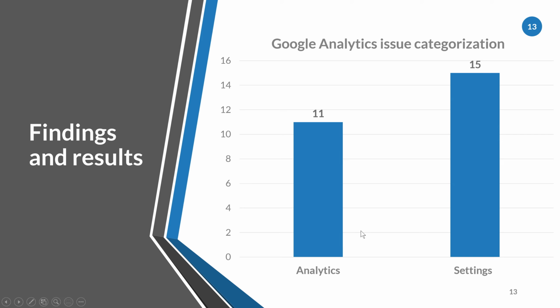In this table we can see the issues from category 1, Google Analytics settings are prevalent, and an important step in Google Analytics is to set up your accounts correctly from the beginning. This avoids unnecessary mistakes and problems.